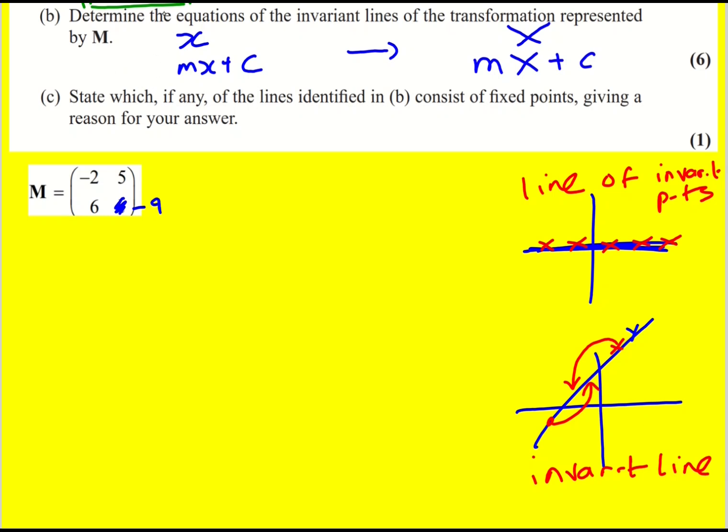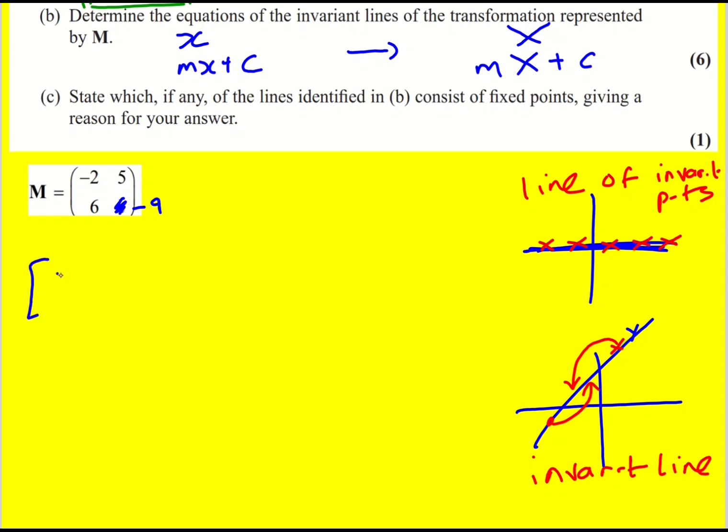So we've got x and mx plus c as our x and y values. And this is transformed to capital X and m times capital X plus c. That will mean that we stay on the line.